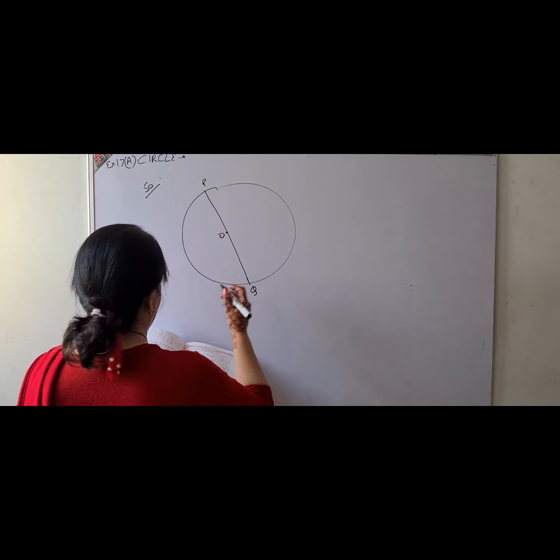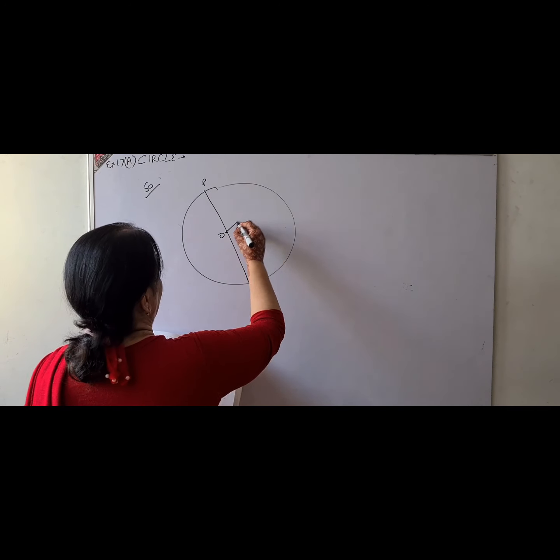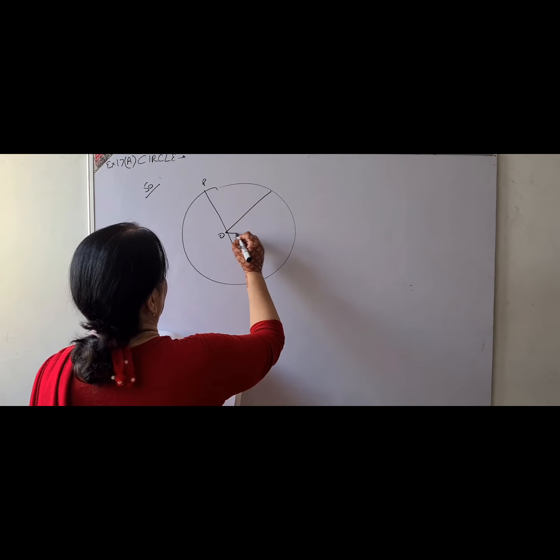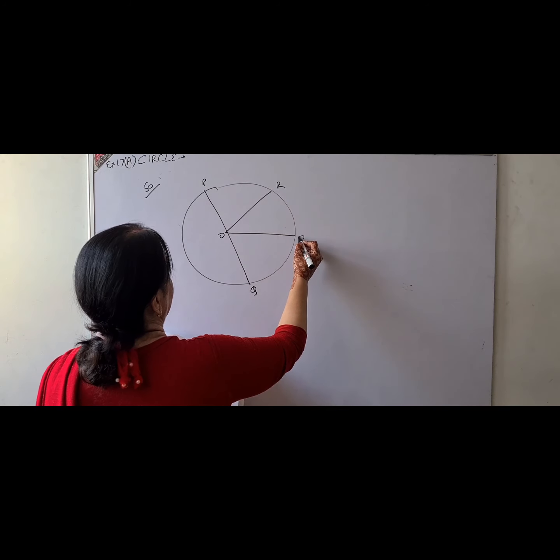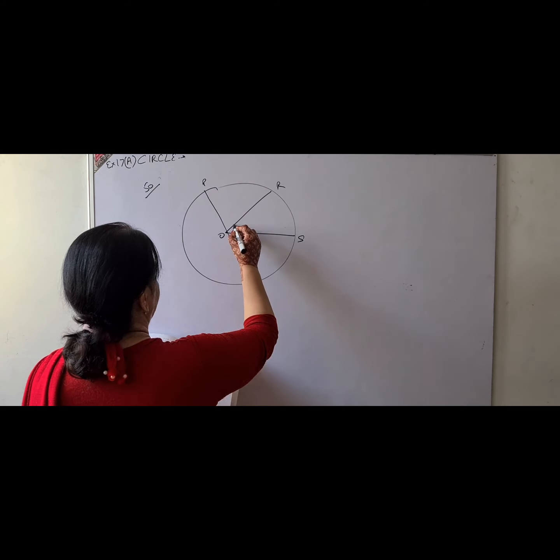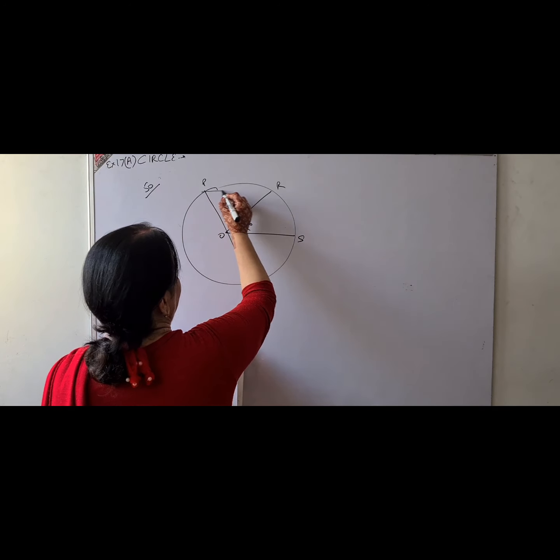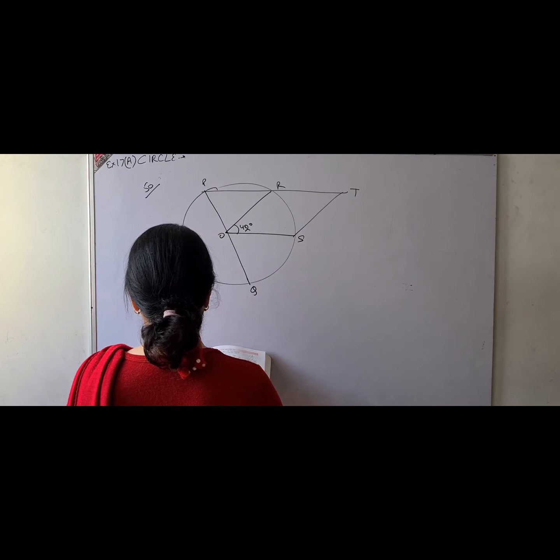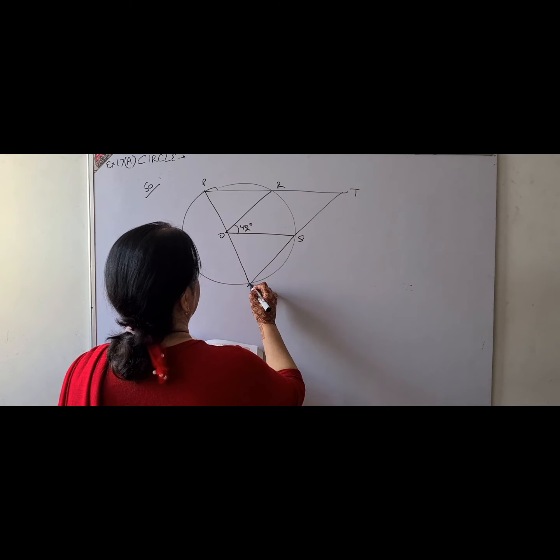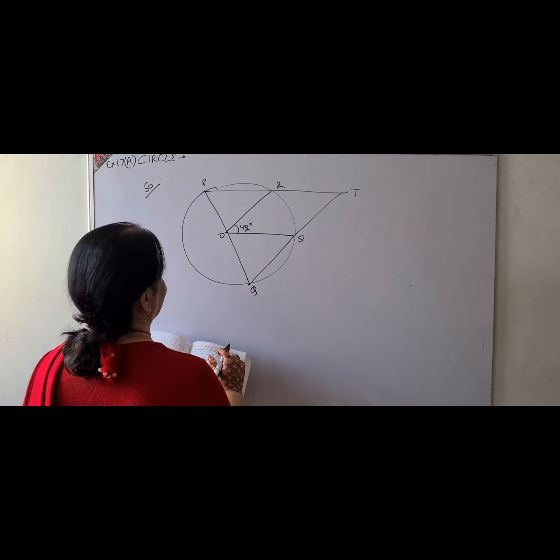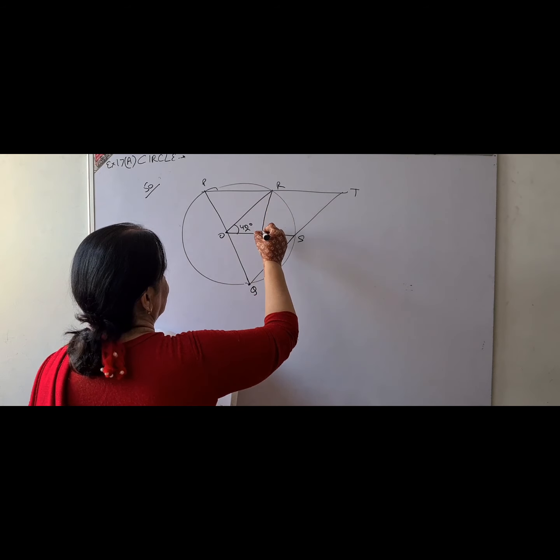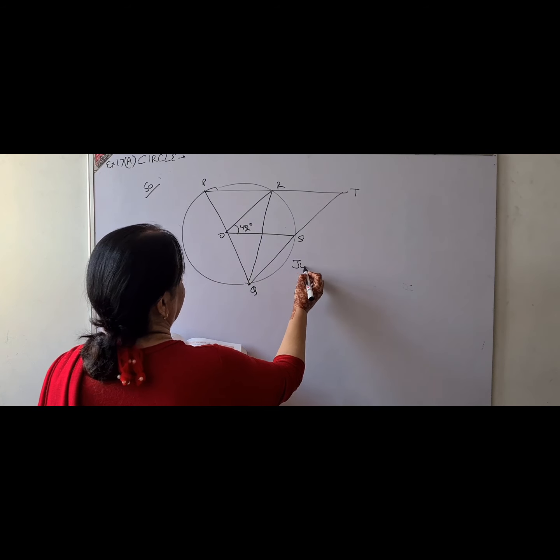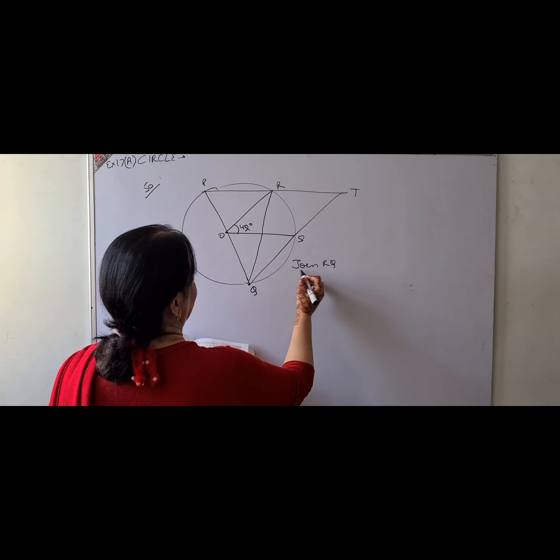There is no mistake in the diagram. OR and OS are the radii, and this angle ROS is given as 42 degrees, and I have to find RTS. This is the question which I got, and join RS also, very simple one. Just join RQ. This is the only part you have to be careful about.